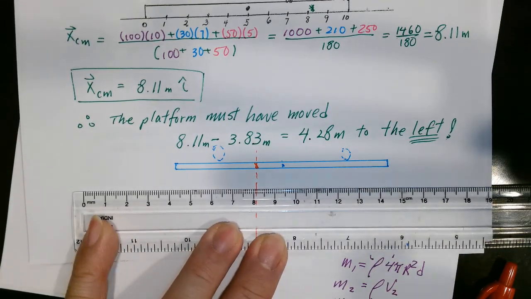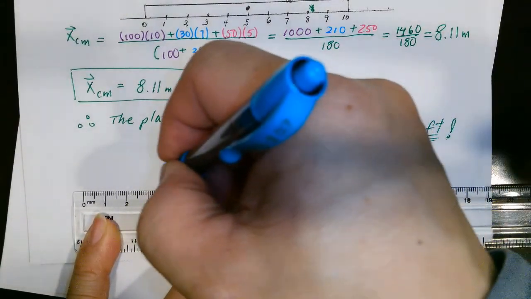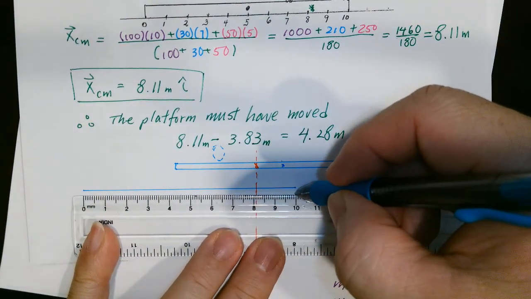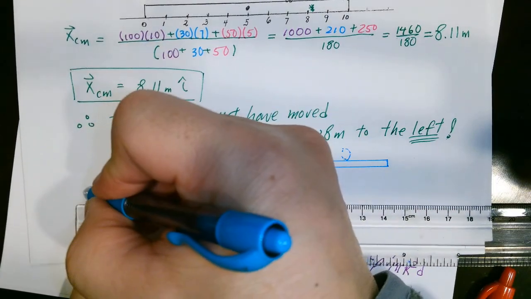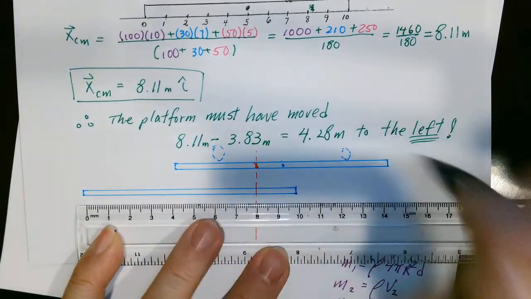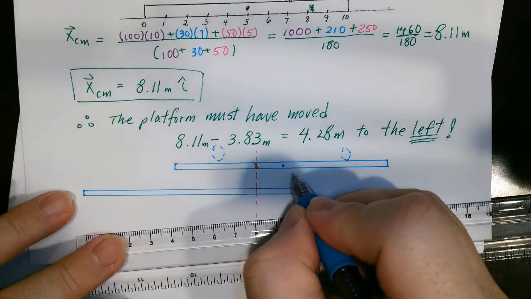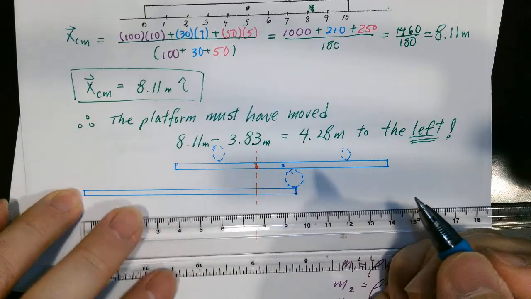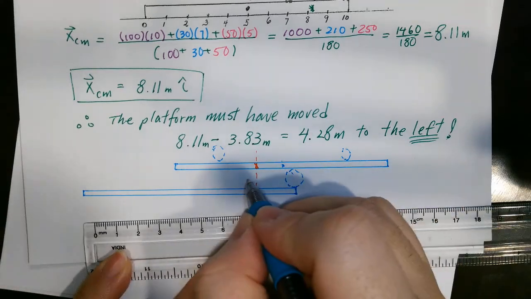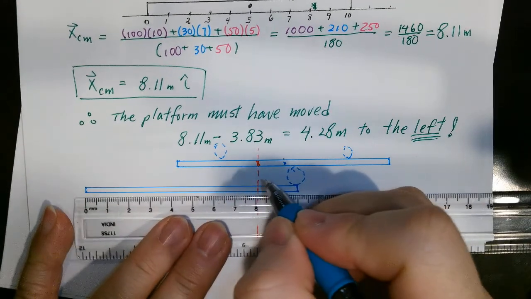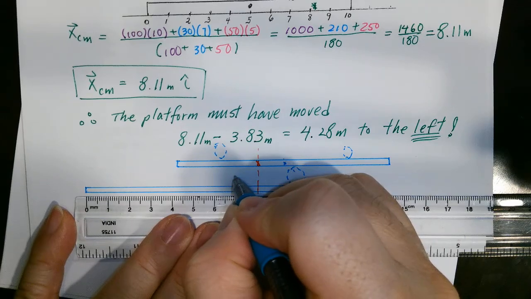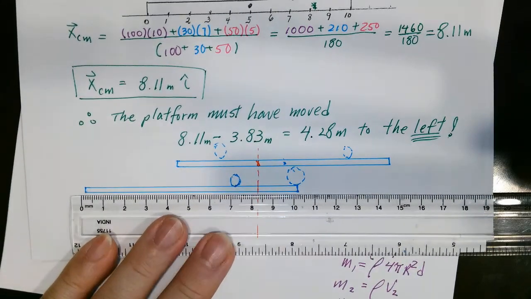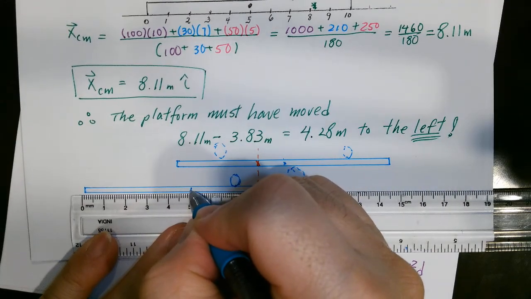Now I have that 100 kilogram person here, 30 kilogram person here, and then this is here, right?